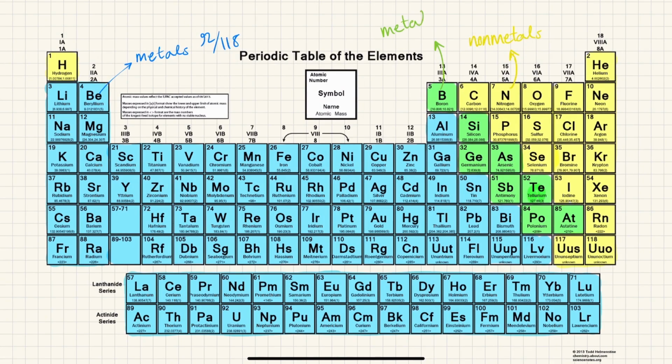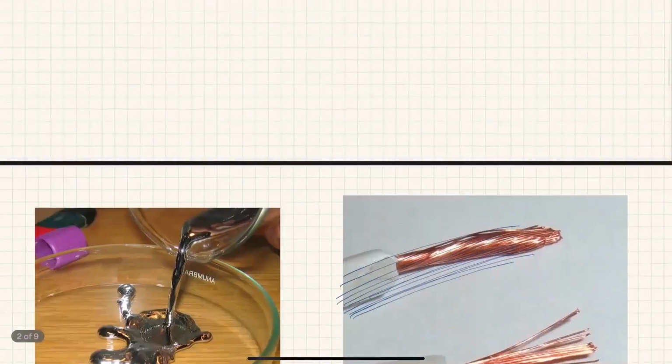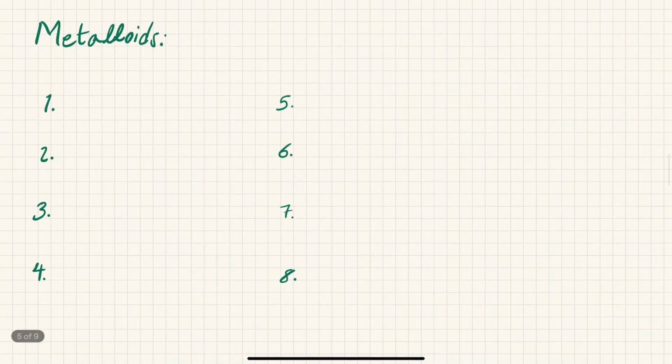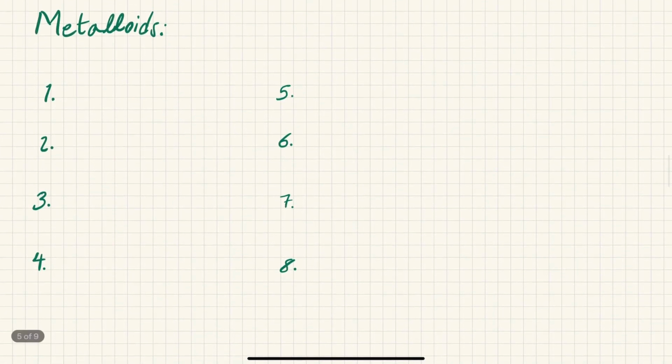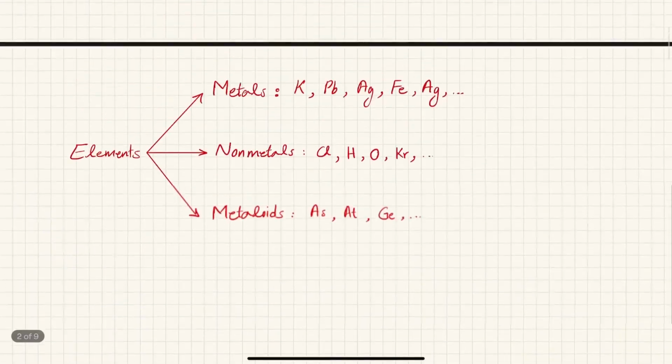Now, it's time to take a look at our last category called metalloids or semimetals. Their properties are somehow a mixture of metals and nonmetals, and again, there is a lack of clear and specific definition for them. So, memorizing their names might not be a bad idea. Boron, silicon, germanium, arsenic, antimony, tellurium, polonium, and astatine are usually defined as metalloids.